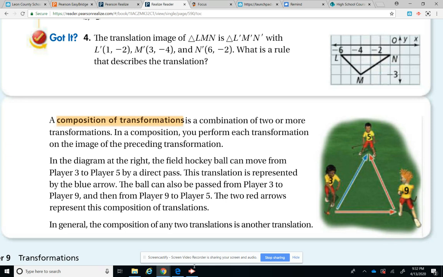This translation is represented by the blue arrow. The ball can also be passed from player 3 to player 9, and then from player 9 to player 5. The two red arrows represent this composition of translations. In general, the composition of any two translations is another translation. So think of the word composition as in more than one step. Okay?